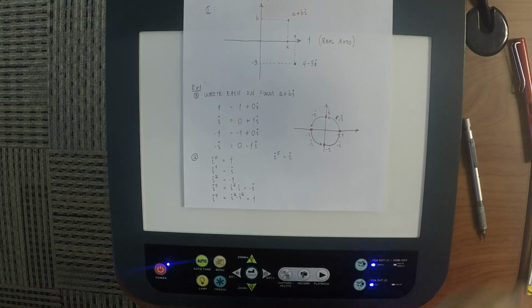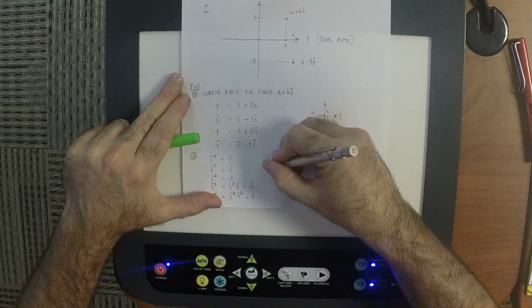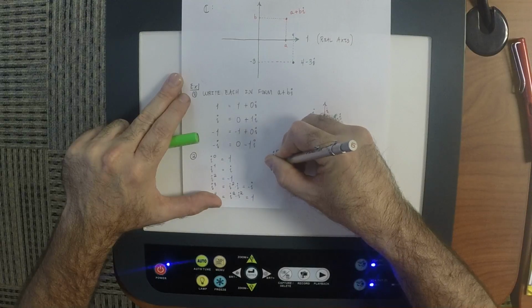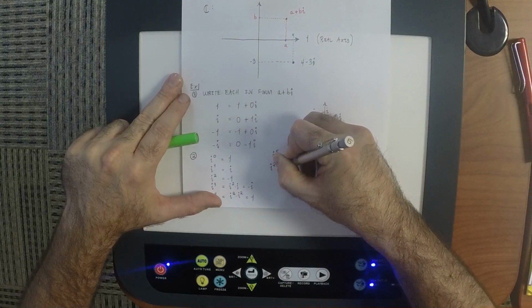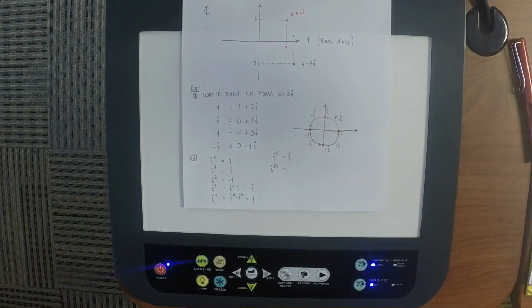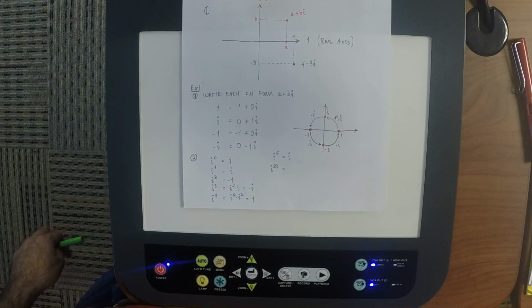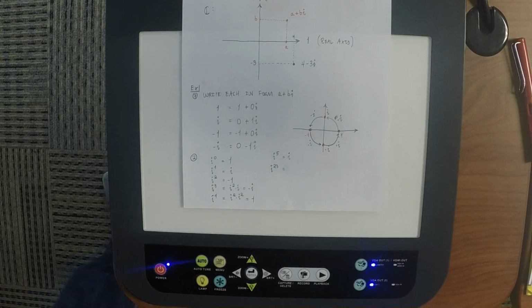Okay, well, in that case, what is i to exponent 23? So the question you have to ask is, how many times did you go all the way around?